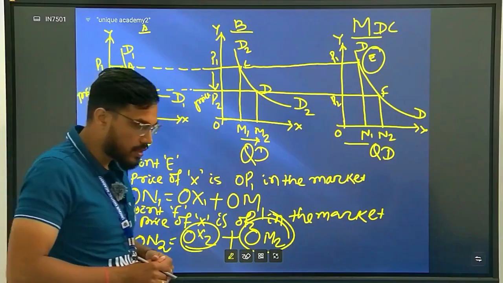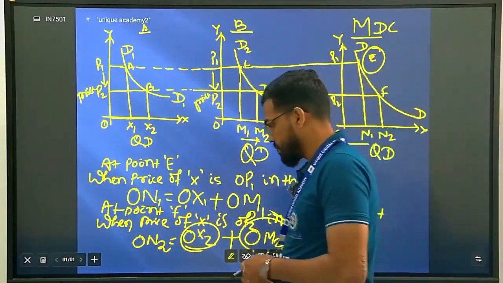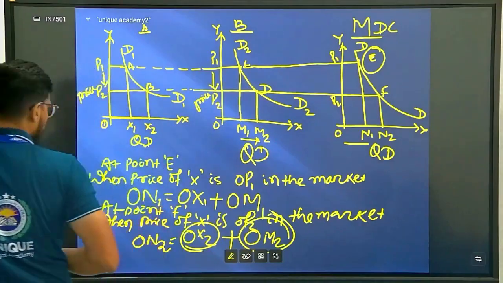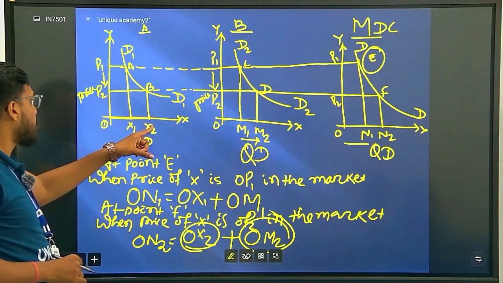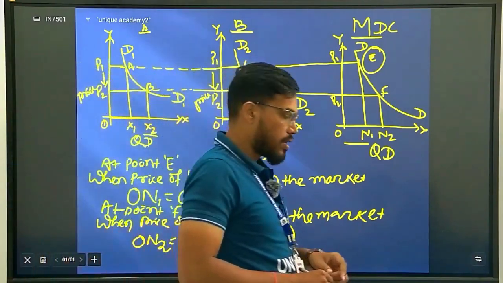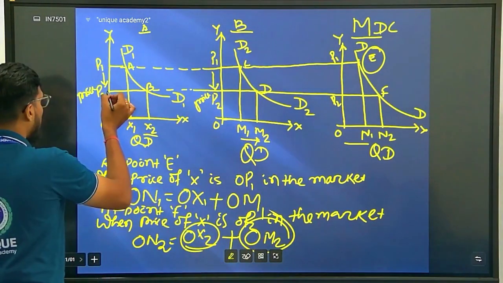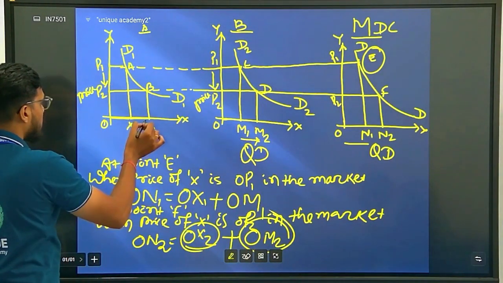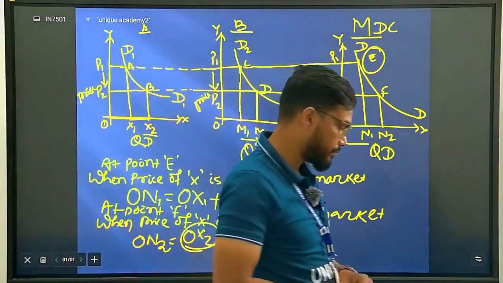So, when the price of the product is OP2, individual A's demand is OX2, and when the price of the product increases from OP2 to OP1, the demand declines from OX2 to OX1.